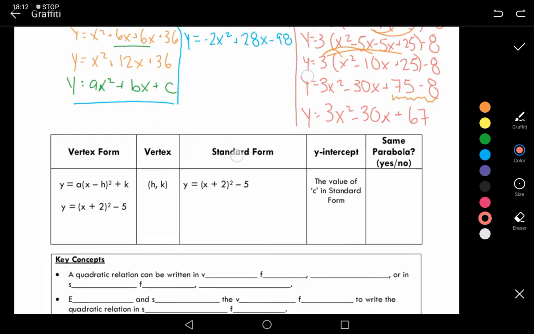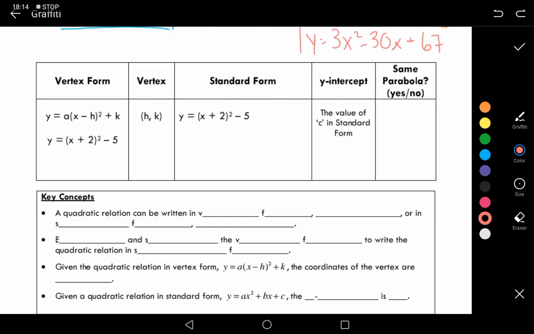All right, so let's just summarize this in a little chart here. So we've been dealing with vertex form a lot, right? So this should be a review, but our vertex form is y equals a(x minus h) squared plus k, where our vertex is at (h, k), okay? So what are we doing here?